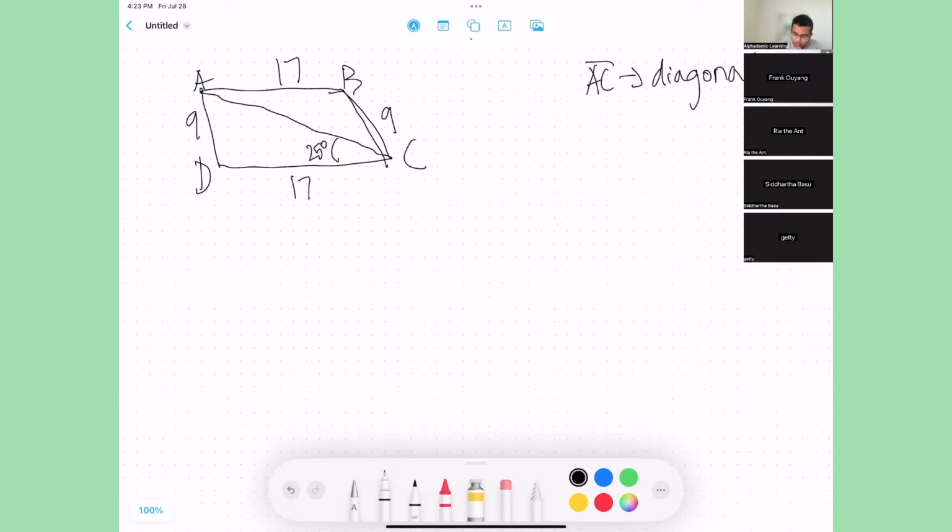So this is the required information, and the problem asks you to find angle BCA.